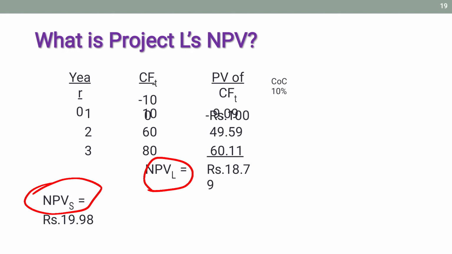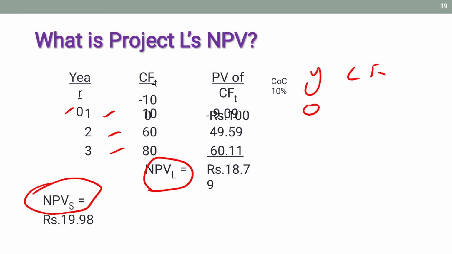The value is, okay, year 0, then year 1, 2, 3. Year 0 in a sense, I will write here, cash flow.